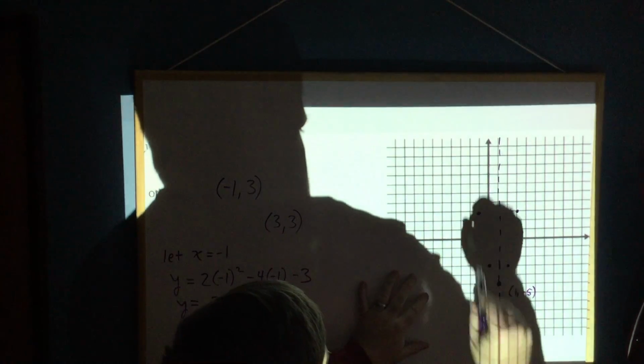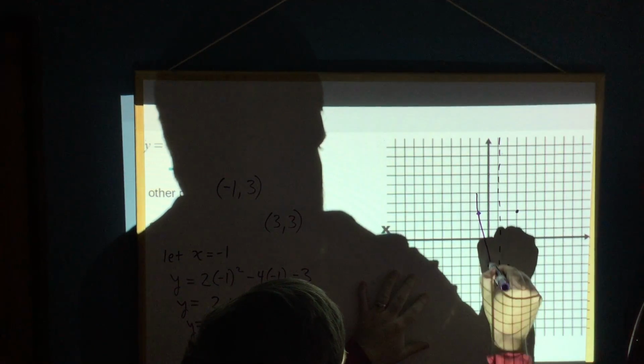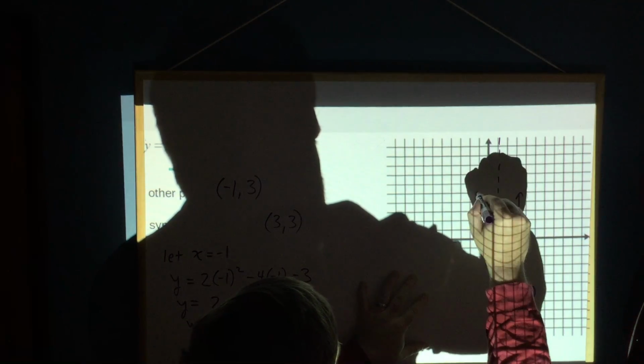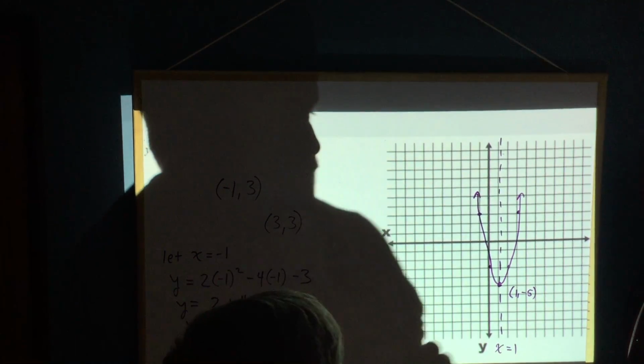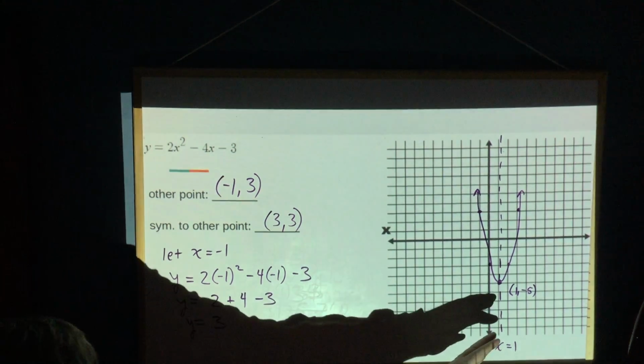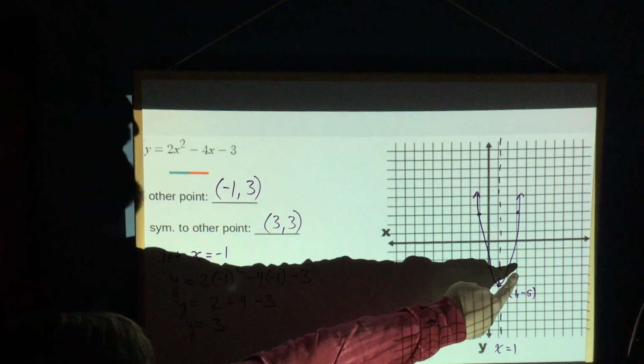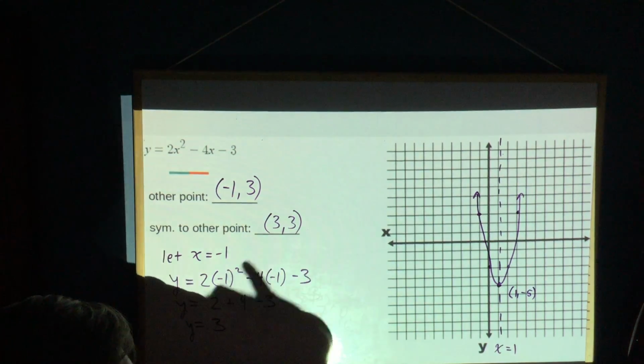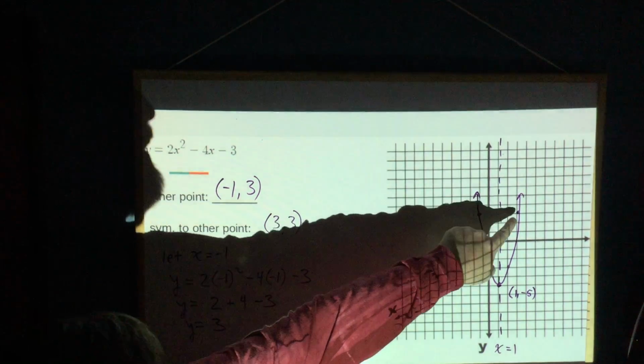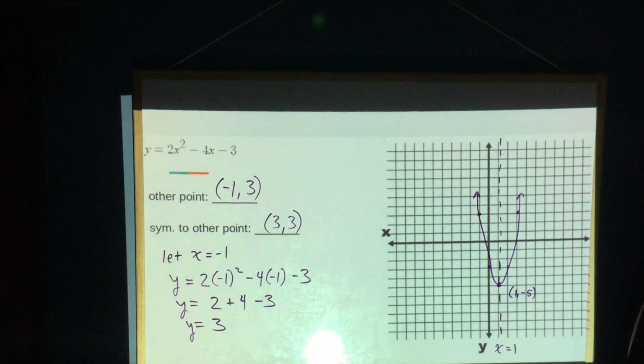And the last thing I need to do is draw in my parabola. There we go. I have my axis of symmetry, the vertex, the y-intercept, its symmetrical point, any other point, and its symmetrical point. I have my 5 points.